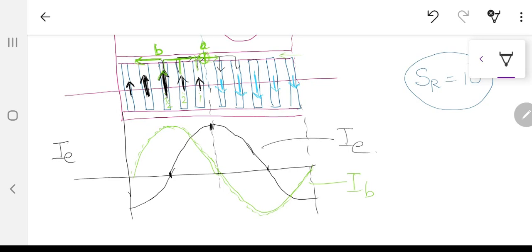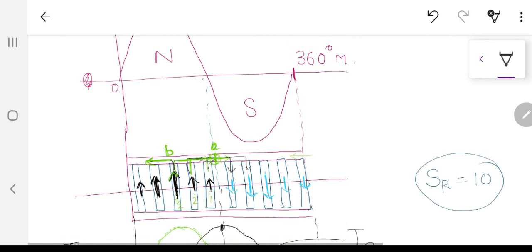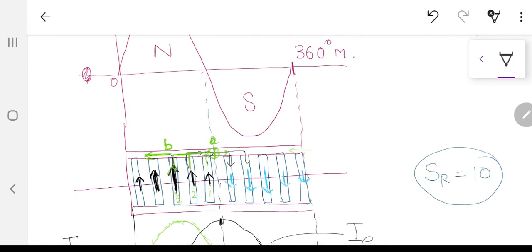Now how to find out this end current? This is very important. The maximum current of the end ring is at point A. So the maximum value of IE is going to be from 1 bar, 2 bars and half of this bar.